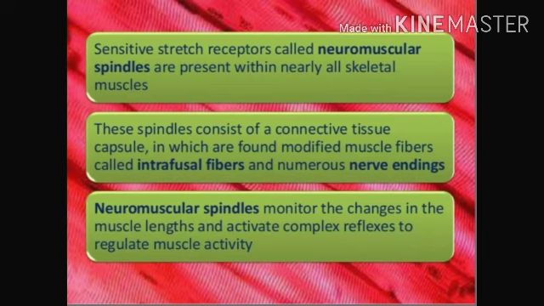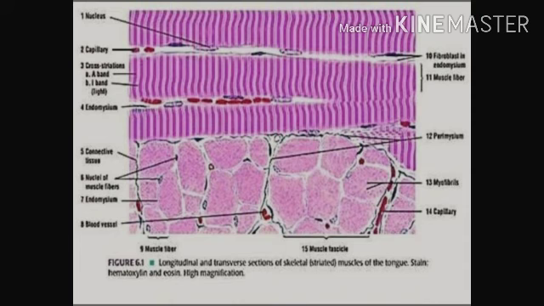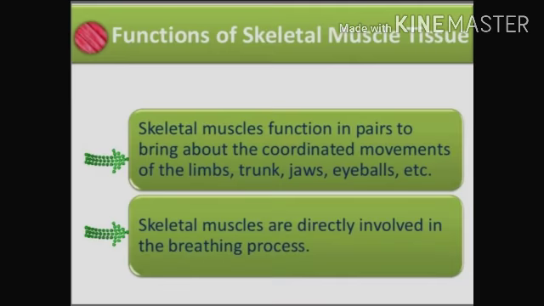Neuromuscular spindles monitor changes in muscle length and activate complex reflexes which regulate muscular activity. This is the longitudinal and transverse section of skeletal muscle.